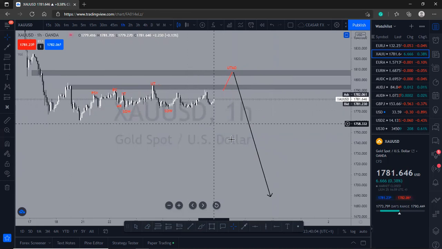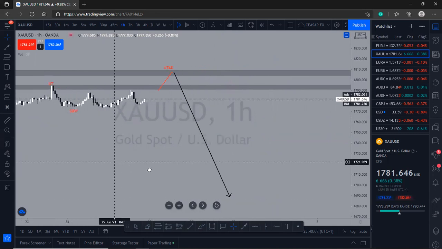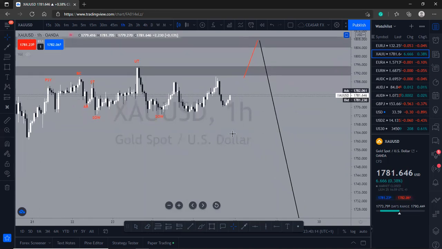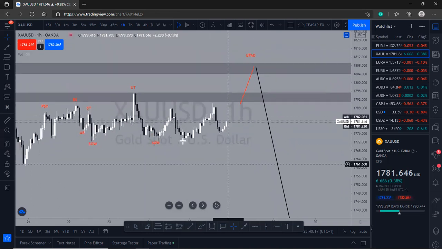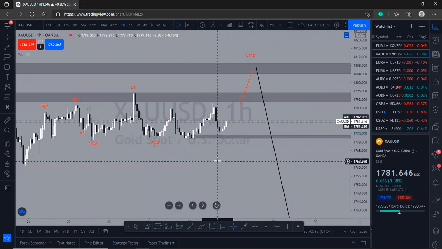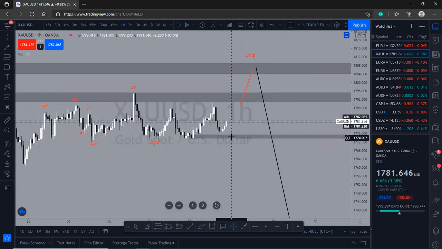And the other thing that I want you to see here is this. There was this order block here, which was not tested. This one. So on Monday, when the market opens, it may shoot to the downside like this before shooting up.